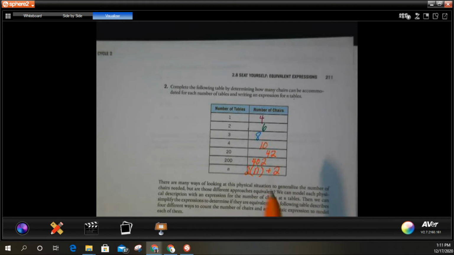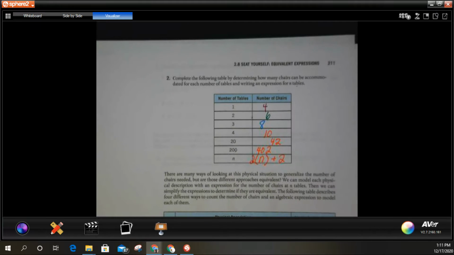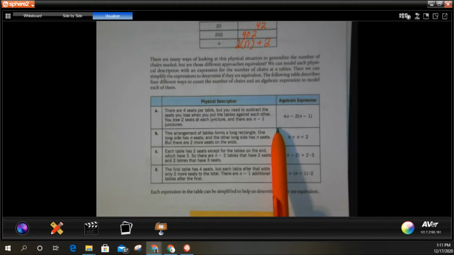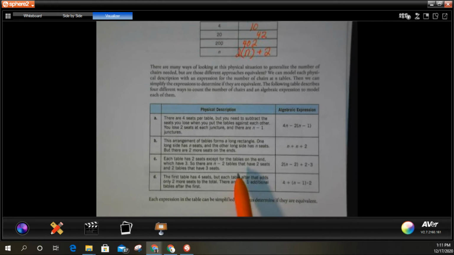That seems pretty involved. I don't think I could do that in my head. This is the one I did. n plus n, or 2 times n plus 2. Here's another way of doing it. I mean, the easiest one for me was 2n plus 2.